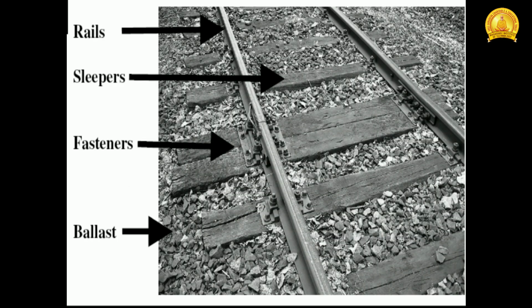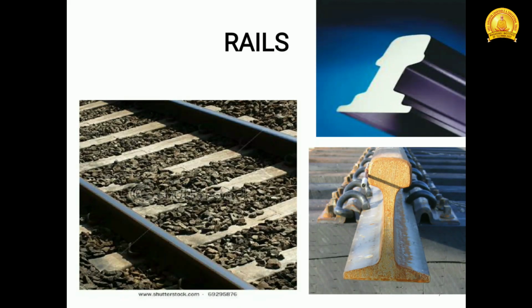Here is another figure showing each component of the railway track: rail, sleepers, fasteners or fixtures, and ballast. Let's have a look at the various components individually. These are the rails. There are different types of rails based on shape, which we will discuss in another session.